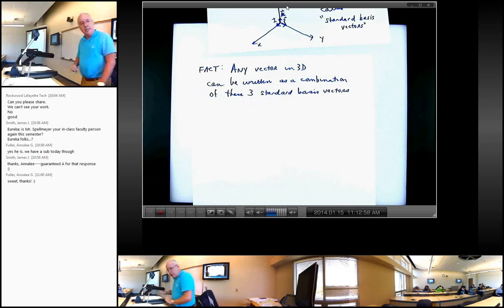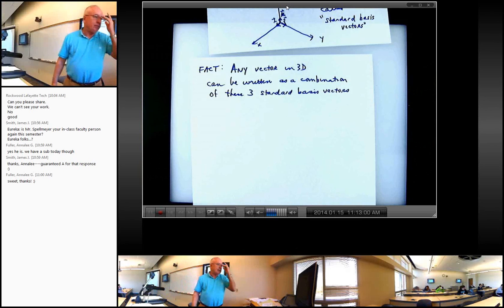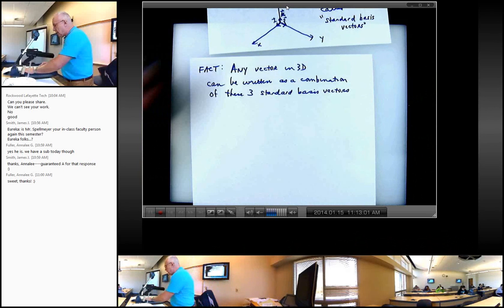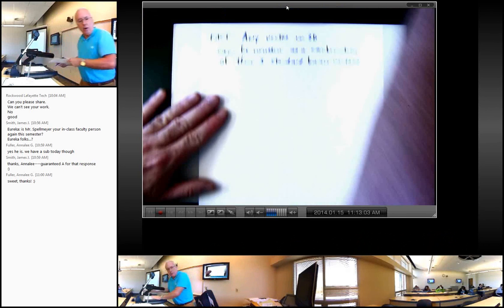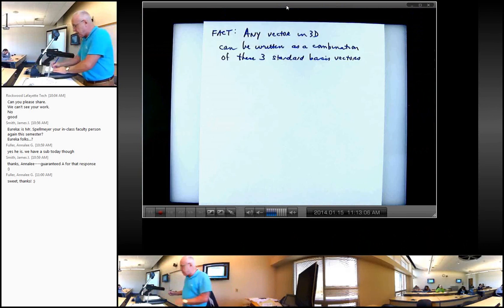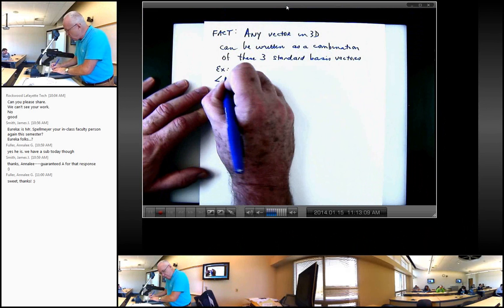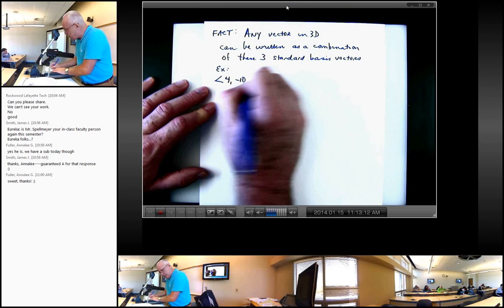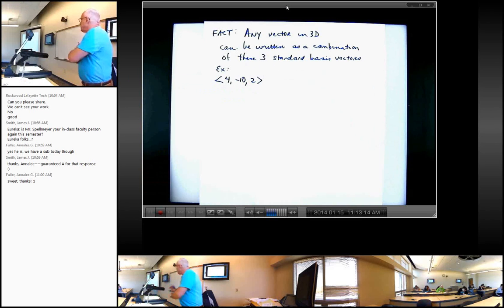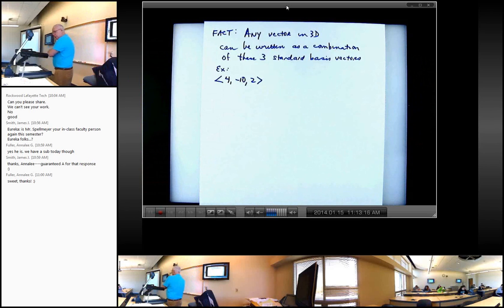So let's give an example of how this can happen. Let's just get an arbitrary vector, I'm just picking here. So, for example, ⟨4, -10, 2⟩. That's just some kind of vector in three-dimensional space.